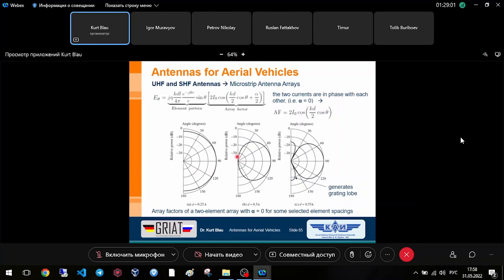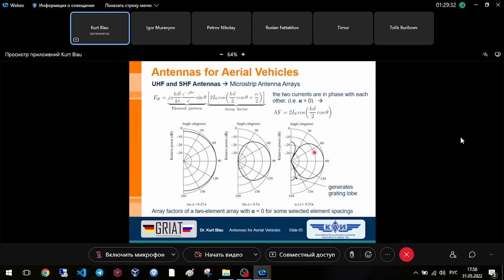Then we have a first 0 along this line, and it's clear it must have a certain gain. It must be a gain larger than the gain of a Hertzian dipole. You know the value, about 1.8 dBi.